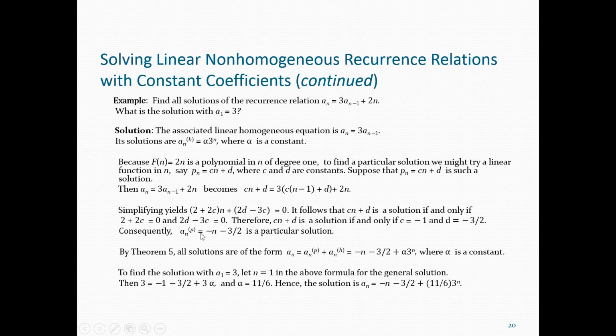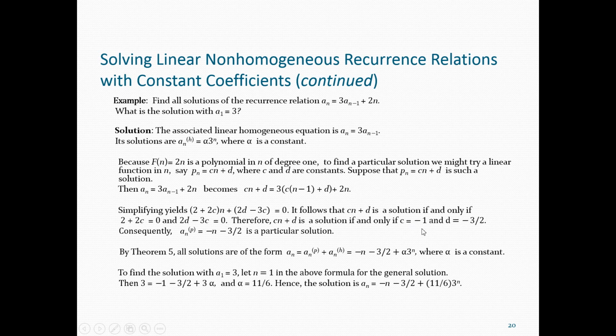So you can see this can be rearranged as (2 + 2C)n + 2D - 3C = 0. Now since this is a polynomial, and the right side is also a polynomial, both sides are equal if the coefficients of corresponding terms are equal. That is, 2 + 2C must be equal to 0 and 2D - 3C must be equal to 0. So by solving these two equations, we have C = -1, D = -3/2.